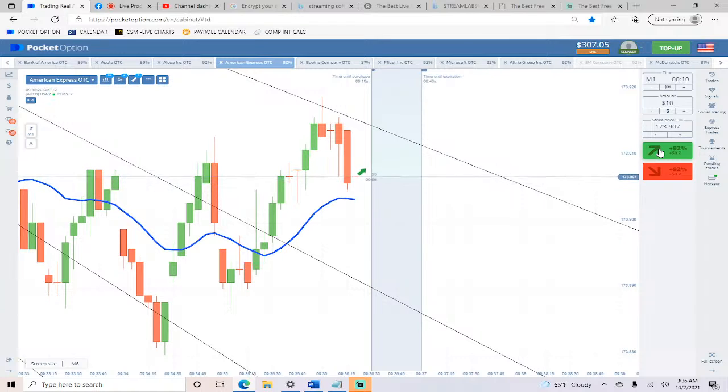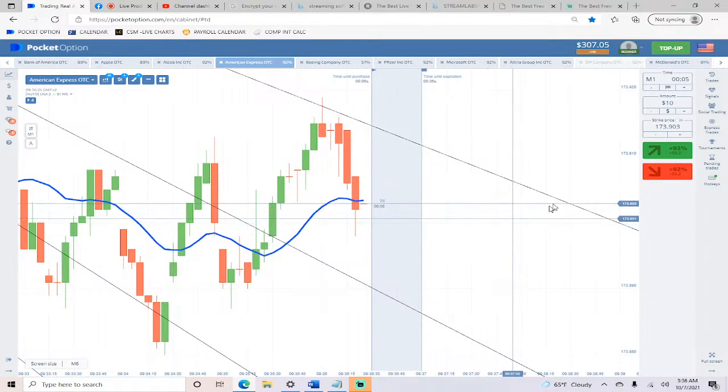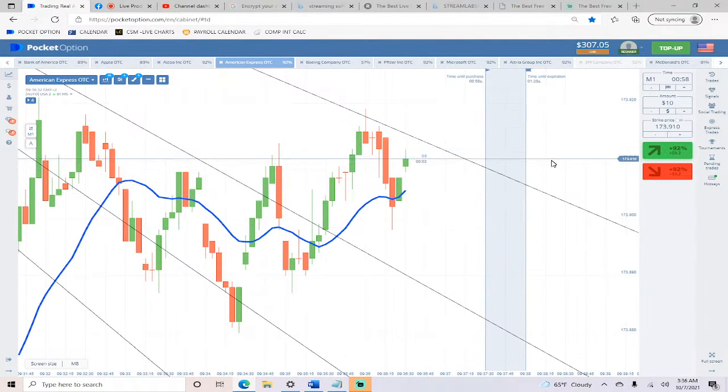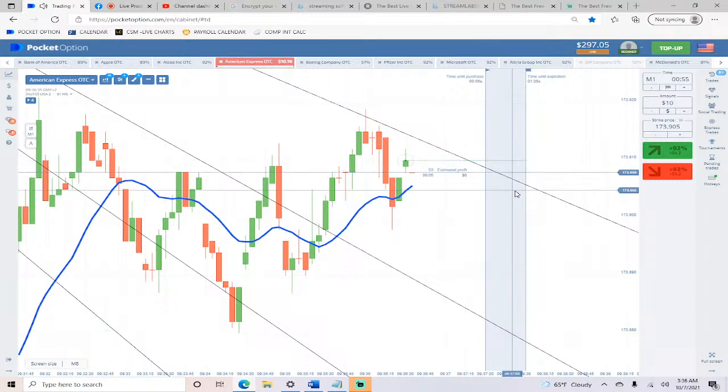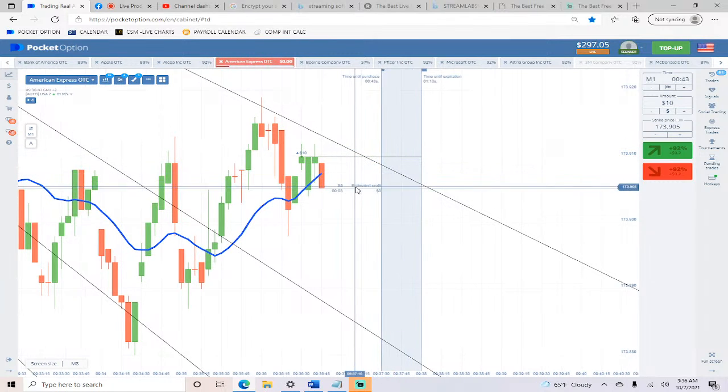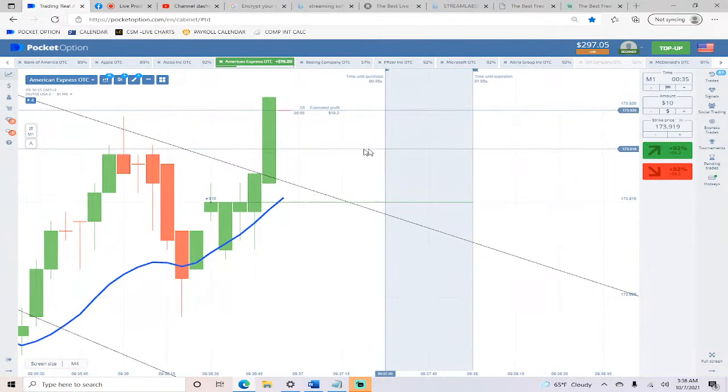Alright. Let's wait for the bounce off the EMA. Here we go, and we're moving on. I want to see this market keep moving upward.